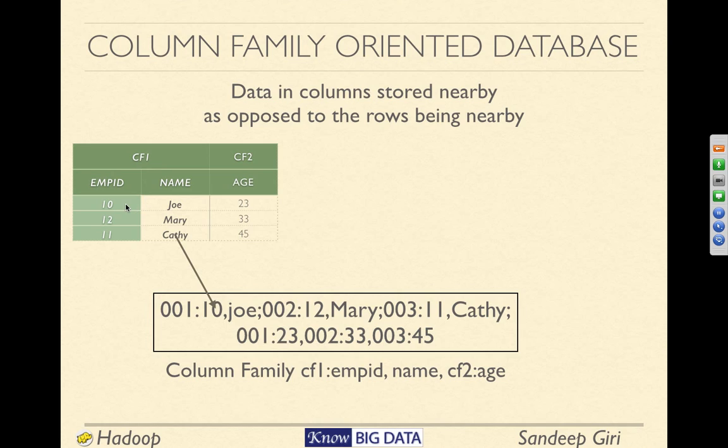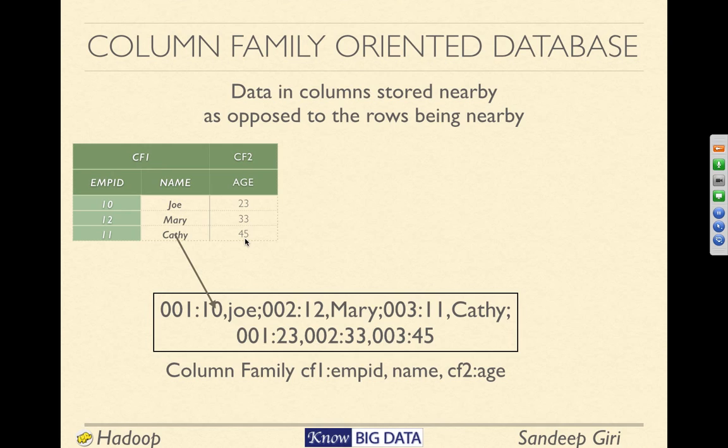The way the data gets stored in each column family is row wise, meaning 10 Joe, 12 Mary, 11 Kathy, and here it will be 23, 33, 45. So each column family behaves like our traditional table, and this big table contains multiple column families.